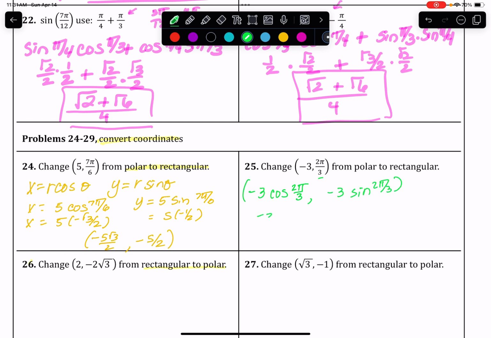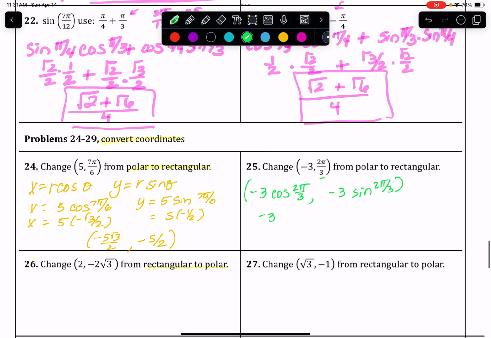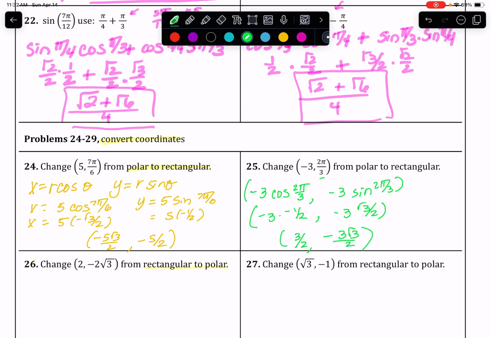So that's negative 3 times negative 1/2, using my unit circle, and negative 3 times positive square root of 3 over 2. So I'm left with 3 halves and negative 3 square root of 3 over 2. All right, so that would be my answer for number 25.